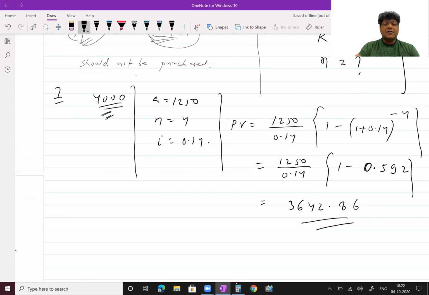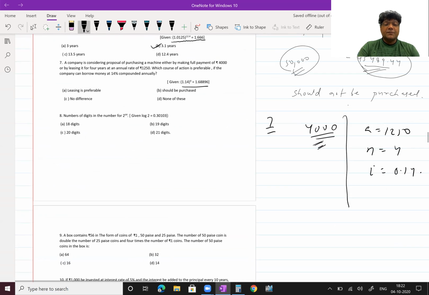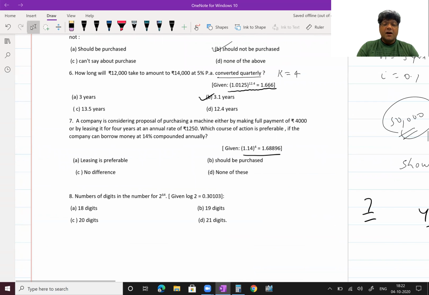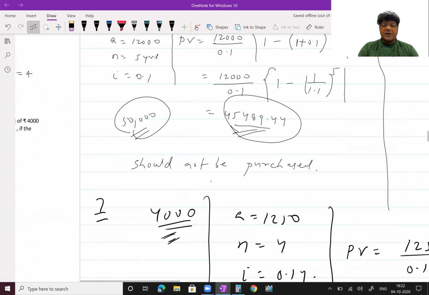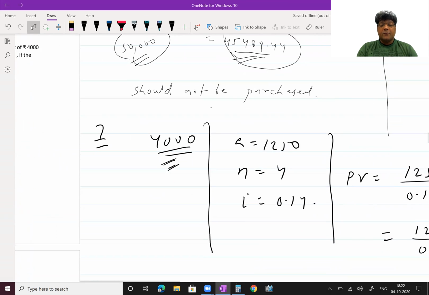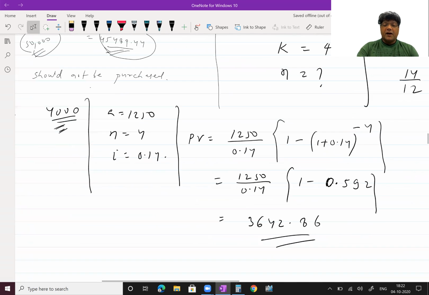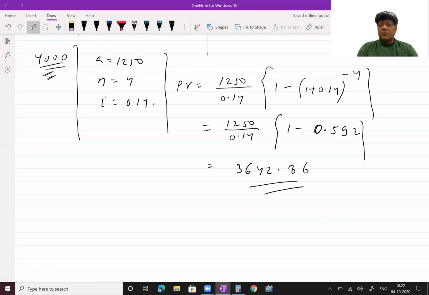And if you purchase, the purchasing cost is 4,000. And what was the question? Question was, a company is considering a proposal of purchasing a machine or leasing it. So if we purchase, how much money will go from our pocket? 4,000. If we hire it, how much money will we have to pay? 3642.86.